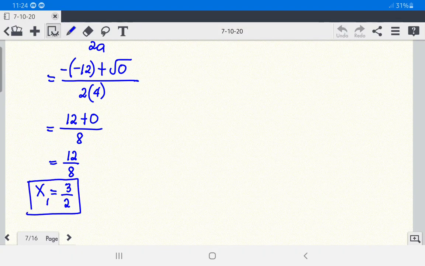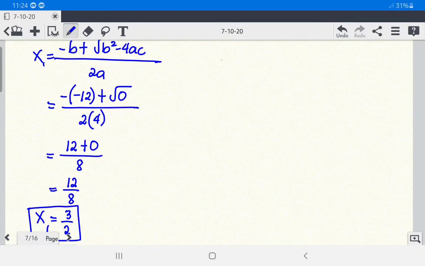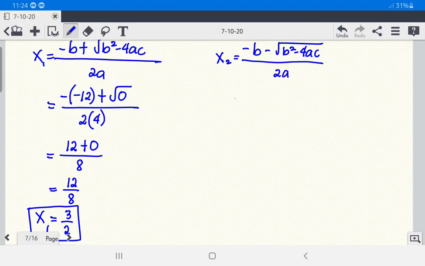Now for the second root, we have x sub 2 is equal to negative b minus the square root of b squared minus 4ac over 2a. Then we have negative of negative 12 minus the square root of 0. The discriminant is 0 over 2 times 4.